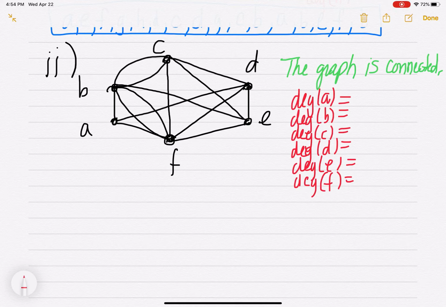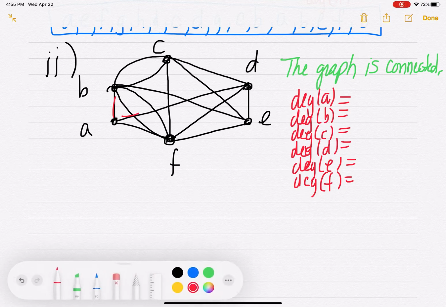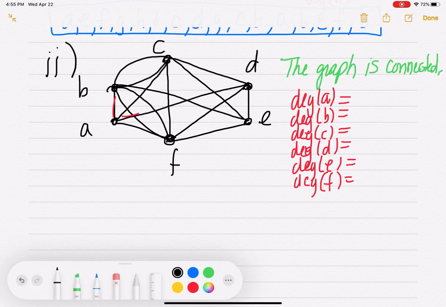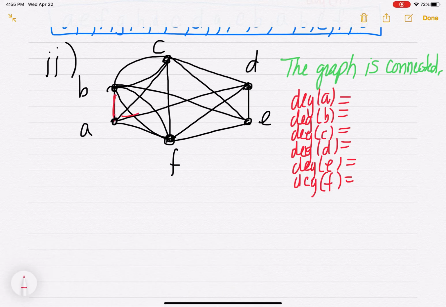So A has degree, let's count. 1, 2, I think I'm missing an edge here. Oh, I forgot to do A to C, my bad. Let's do A to C here. Okay, let's count the degree of A again. It's going to be 1, 2, 3, 4. B is going to have degree 1, 2, 3, 4, 5, 6.